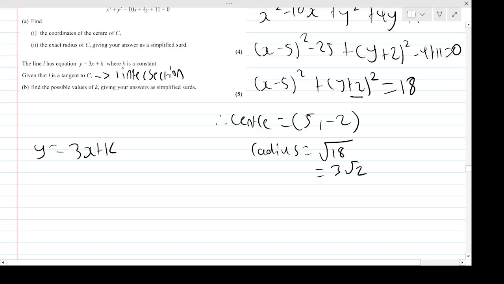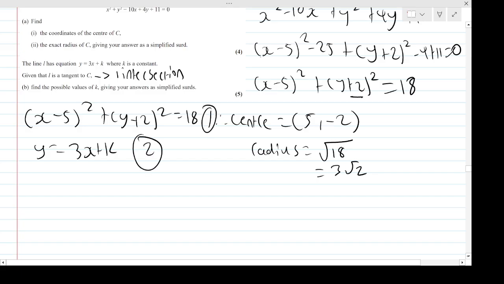So let's put the two equations together, so that's going to be equation 1 and that's going to be equation 2. If we want to consider their intersection, we need to equate them together. So I'm going to substitute this y here into the other equation 1.